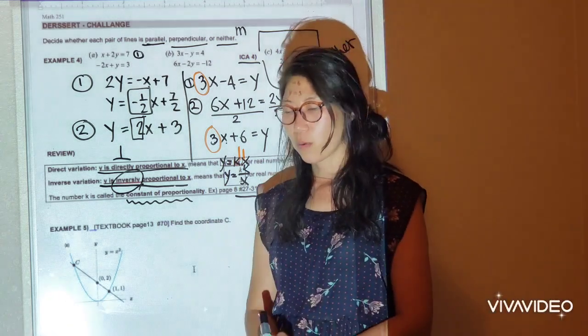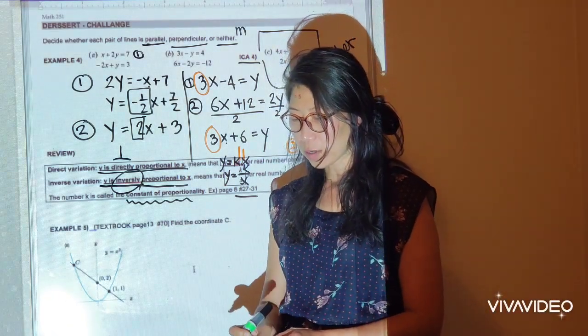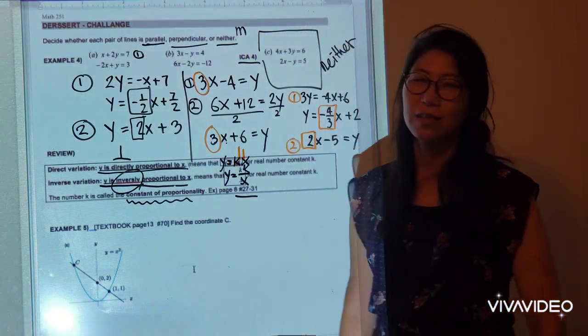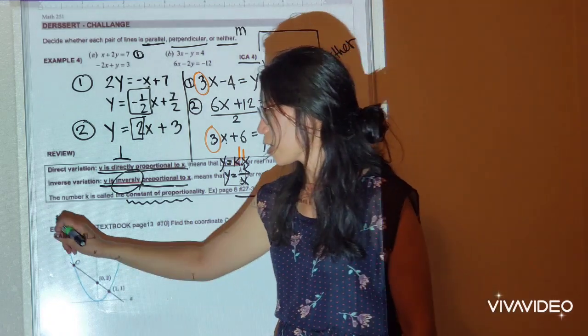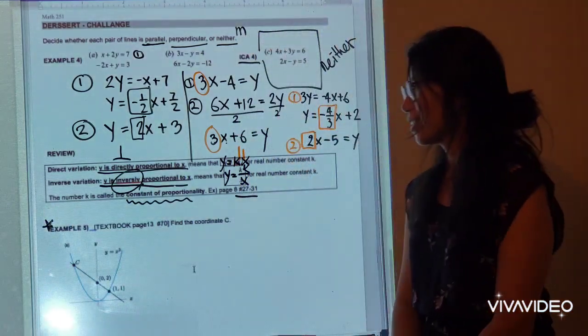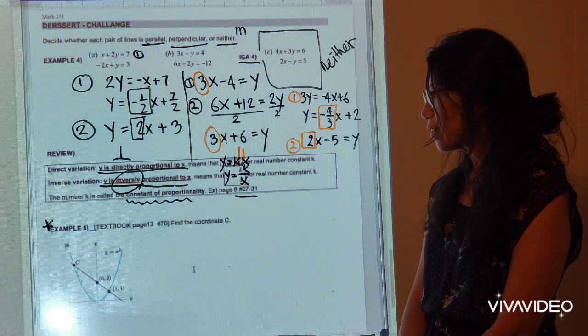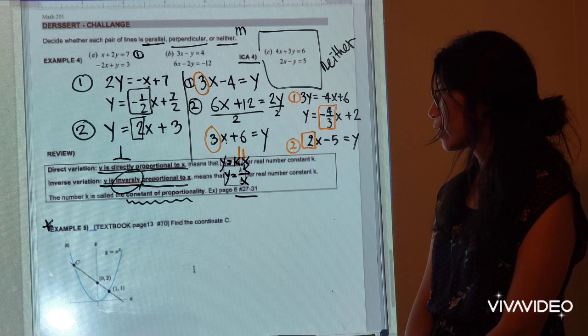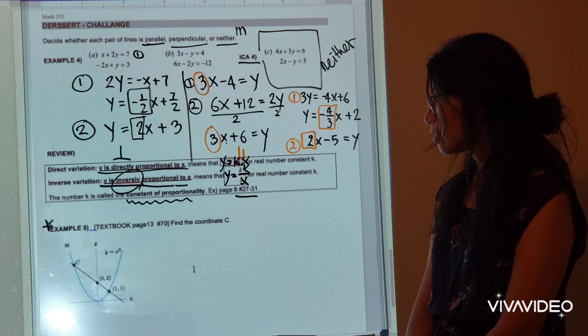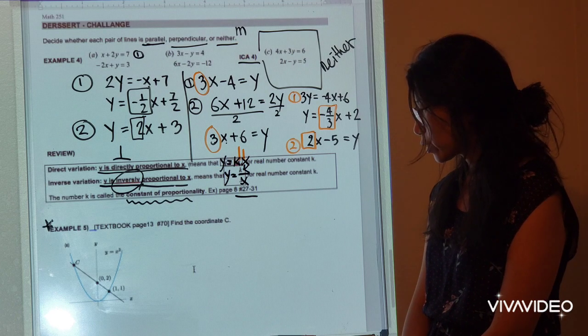Okay, so now we are going to have today's highlight dessert. Example 5 is also from your textbook. Find the coordinate C of the given equation.